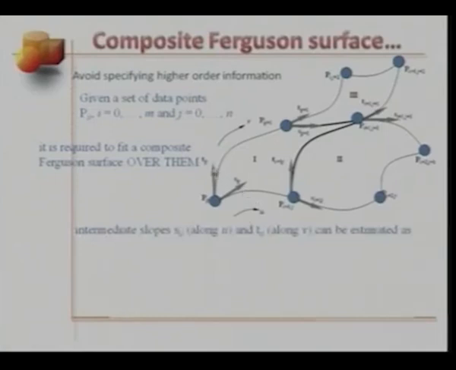Since we don't specify these slopes as our design choices, we need to estimate them. So the intermediate slopes Sij along u and Tij along the parameter direction v can be estimated as Sij equals Ci times (Pi+1,j minus Pi-1,j) over the absolute value of (Pi+1,j minus Pi-1,j).